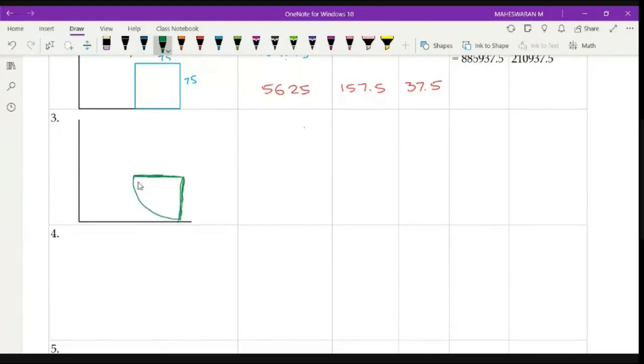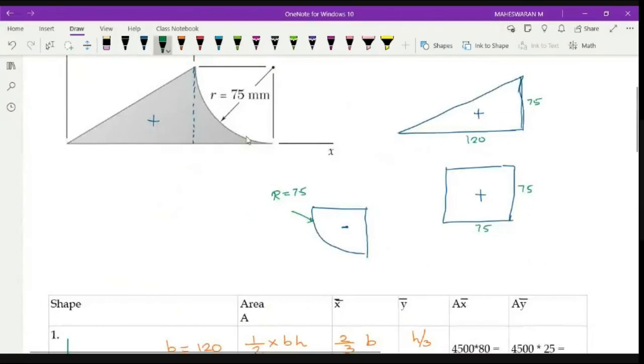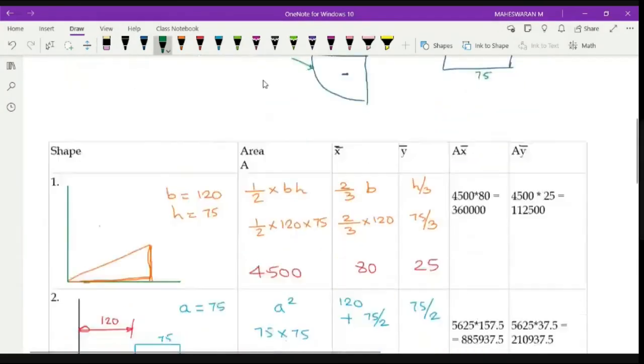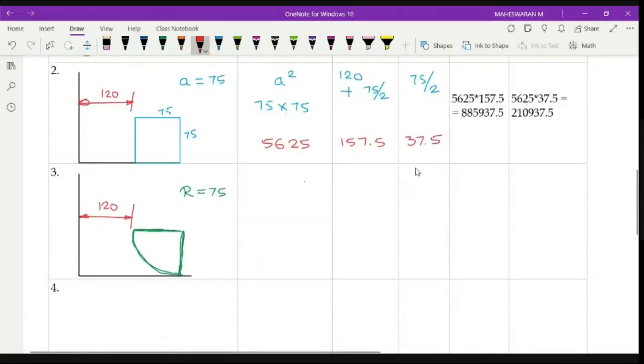The radius is 75, and you can see that it is not offset to the y-axis, but it is offset to the x-axis, same as your square. So what is the offset distance? Your offset distance is 120 mm, yes, 120 offset.